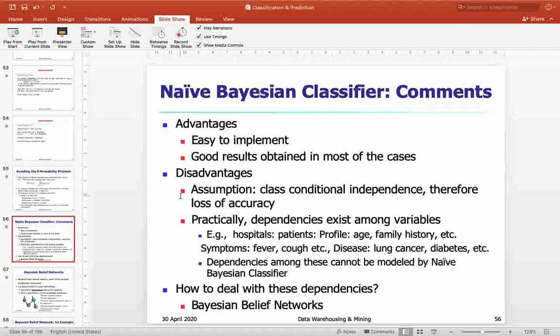And to remove this disadvantage, there is another method based on this, the Bayesian belief network. It represents all the dependencies among the subsets of attributes.